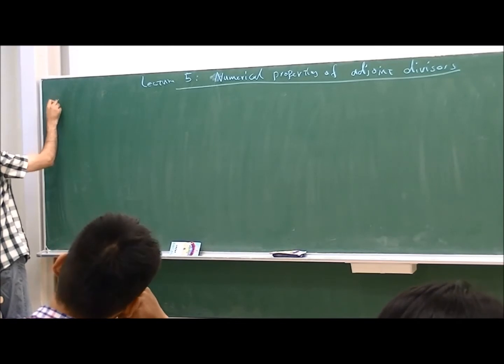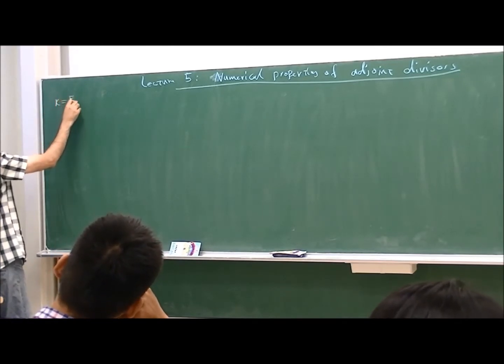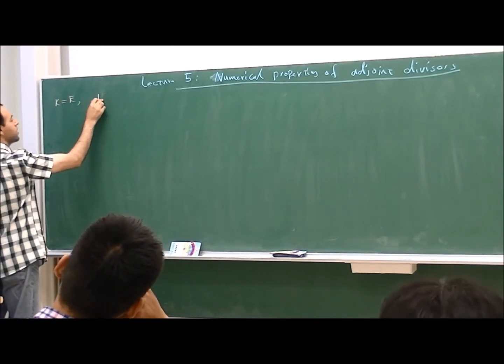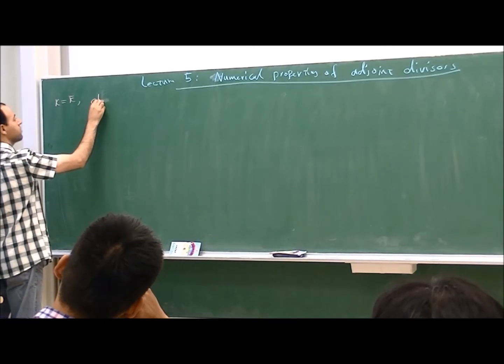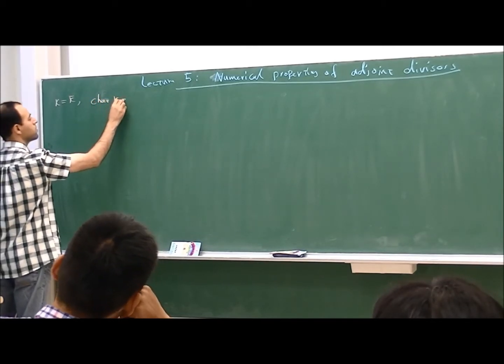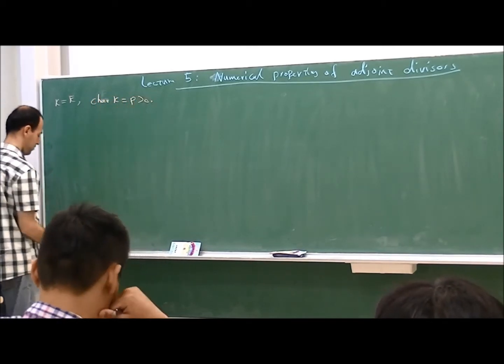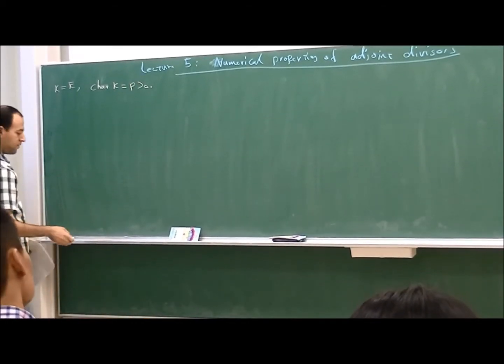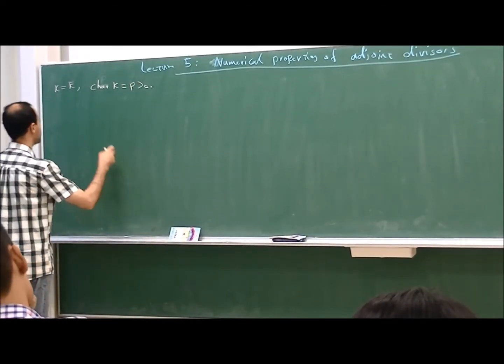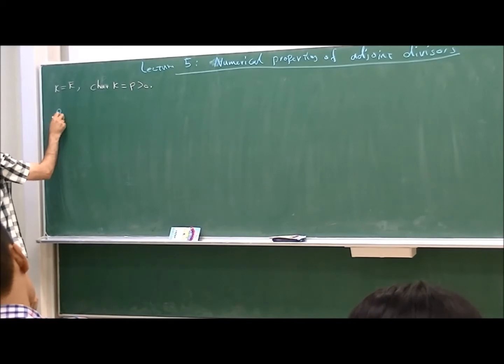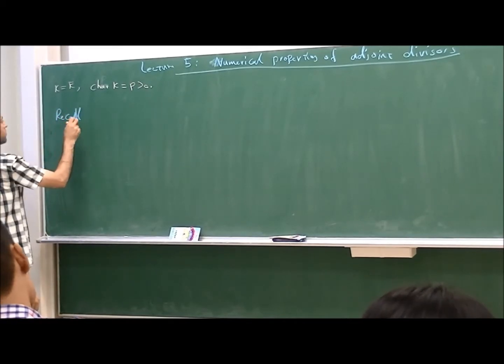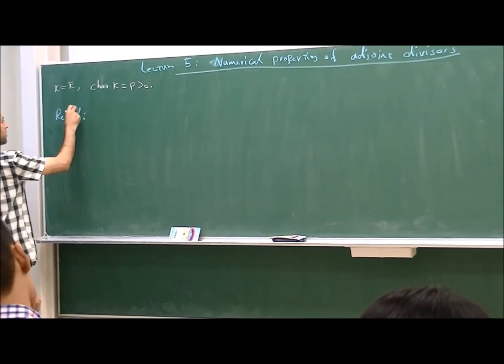Let's keep the notation of before: K is algebraically closed and the characteristic of K is positive. So first, let me remind you of a result in characteristic 0 over complex numbers.